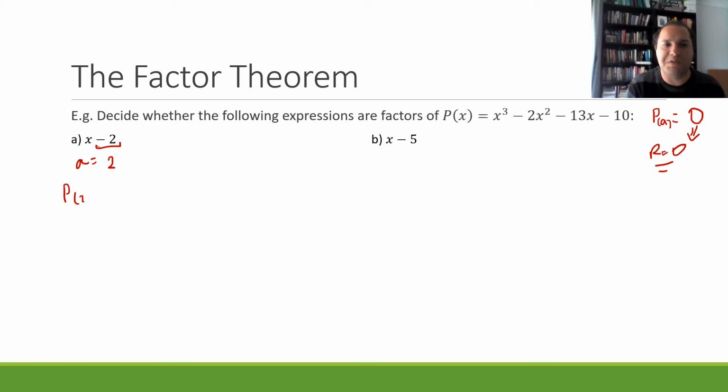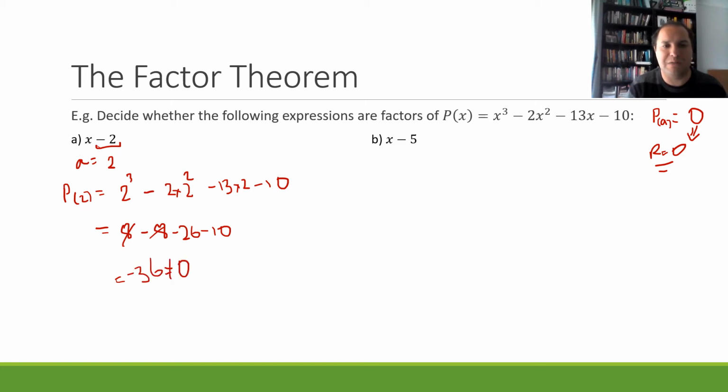And then let's substitute positive 2 into our equation. 2 cubed minus 2 times 2 squared minus 13 times 2 minus 10. And that definitely is not going to be 0. That's 8 minus 2 squared is 4 times 2 is 8, minus 26, minus 10, equals negative 36.